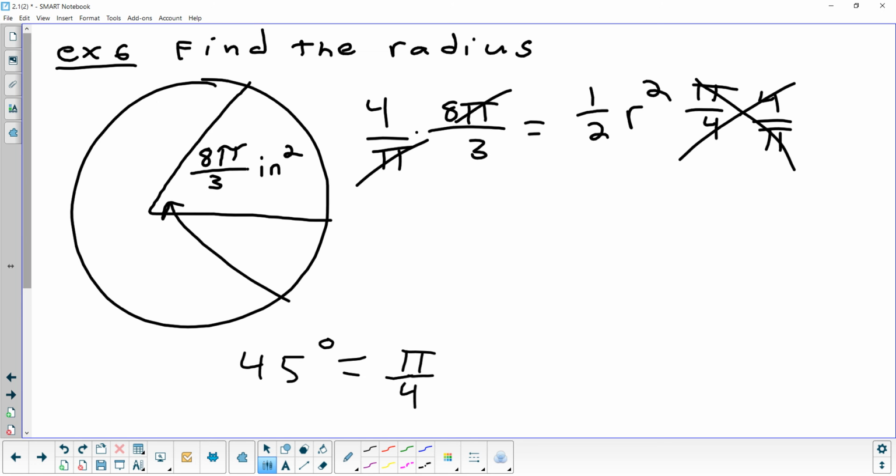So now on the left, you have 32 over 3 equals 1/2 r squared. All right, how about my next step? How can I get rid of that 1/2? You could, yeah. What could you divide each side by?